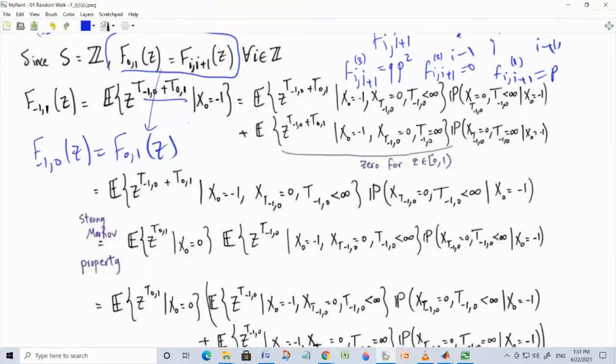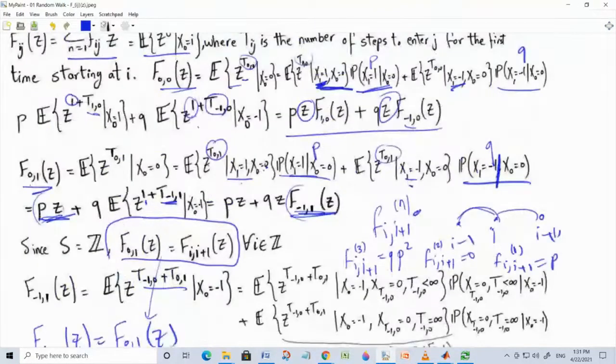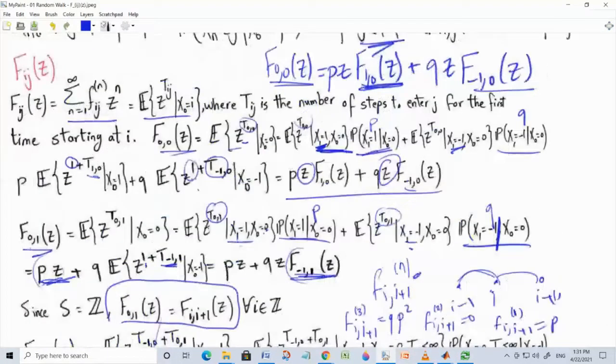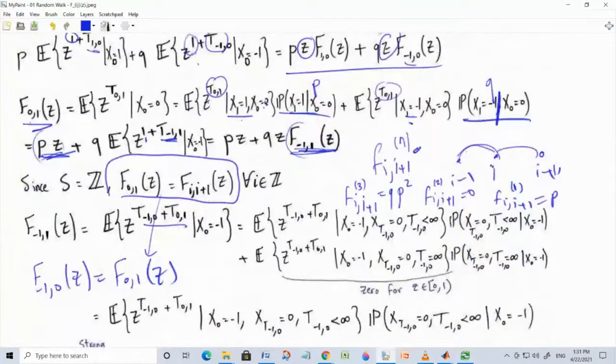Okay, and now again it's like a game that we played here, but it's a bit more complicated. Initially here I conditioned on things like x1 is equal to 1, x1 is equal to minus 1. So let's see what we will do here. What I will do here is condition on this t minus 1 0 being finite.